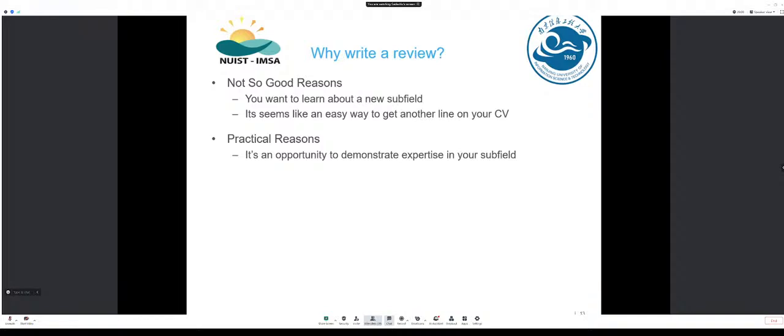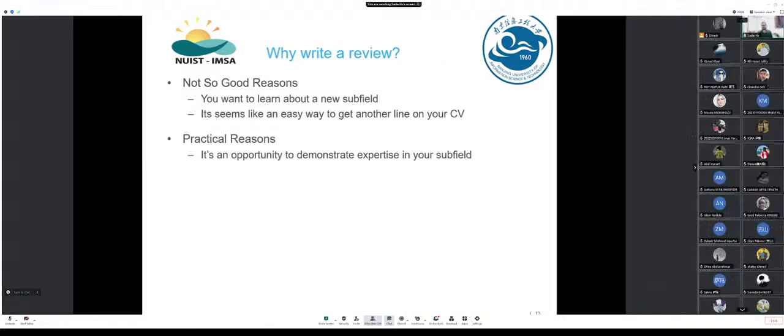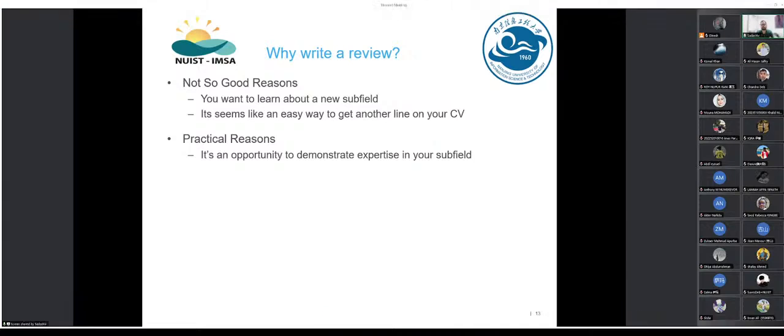It is an opportunity to demonstrate your expertise in any subfield. When you write a review paper, you go through many scientific publications, many experimental publications, many review papers, you read those papers, and then you develop an expertise in that subfield.